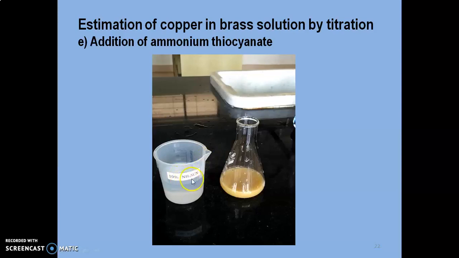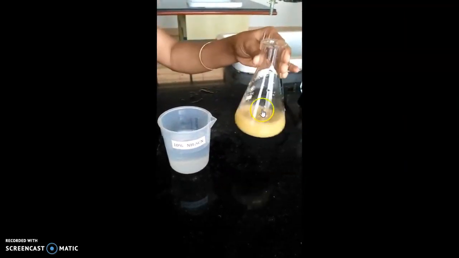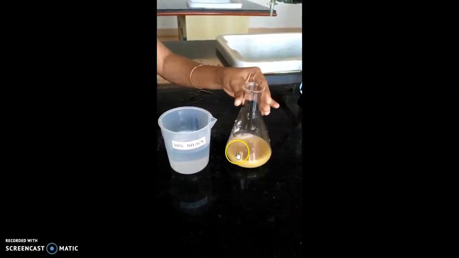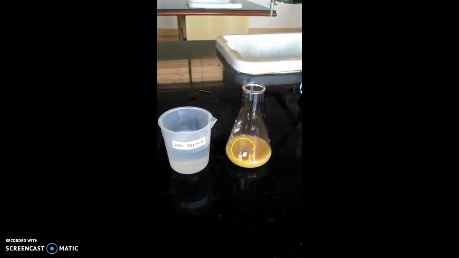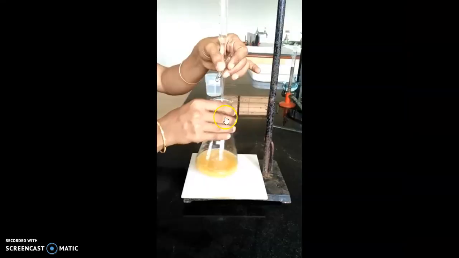Later, ammonium thiocyanate solution has to be added to it. 5 cm cube of ammonium thiocyanate is added. During that time, occluded iodine also will be starting to release. Immediately it has to be titrated against hypo solution, and again it has to be made to pale yellow.